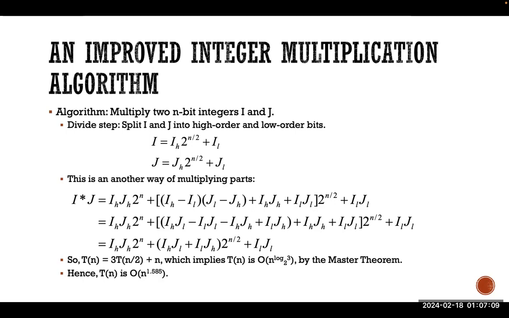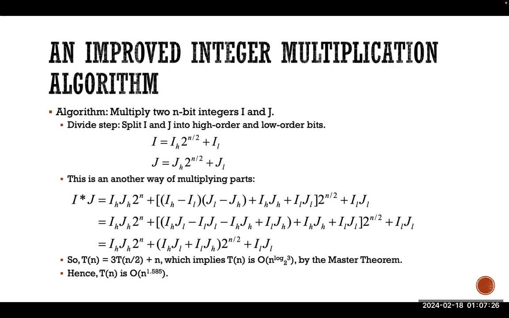So after multiplication, il jl and ih jh will be cancelled out, and in the final I'll be getting ih jh 2^n plus (ih jl plus il jh) times 2^(n/2) plus il jl.